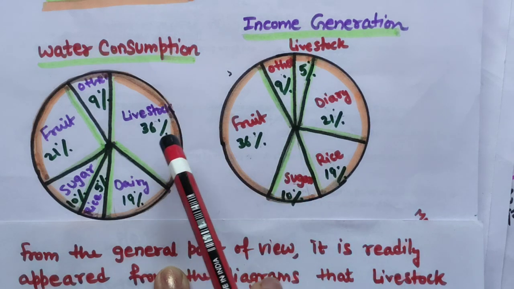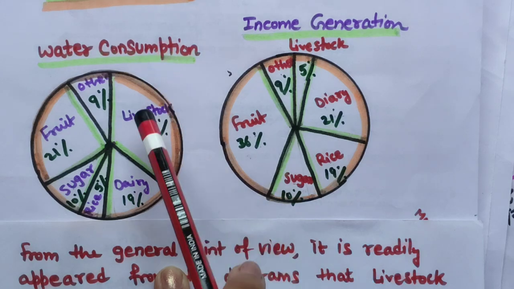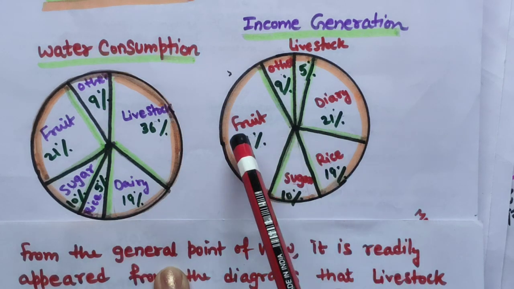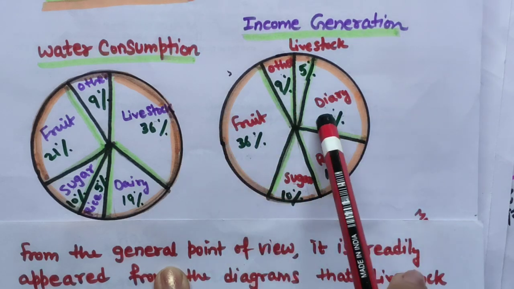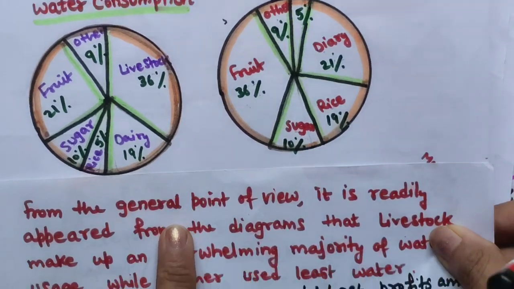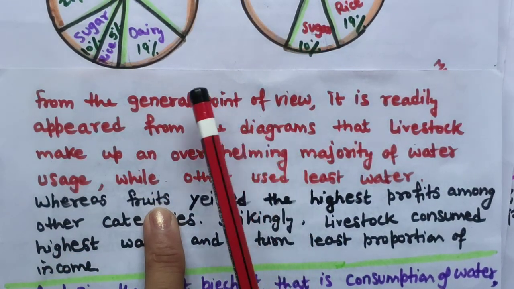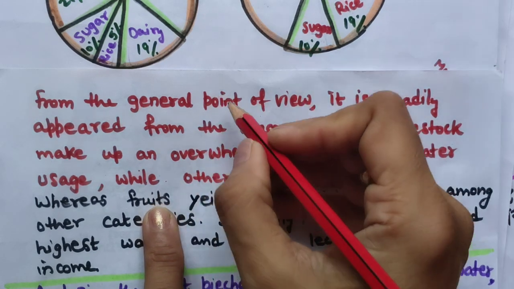So the bigger segment of the pie chart, here it is water consumption, livestock, and the least one is rice. The biggest one is 36% fruit, but in the overall paragraph we will not be writing any figures. So how I have written, you can see this, from the general point of view, or overall first, or you can write overall only.